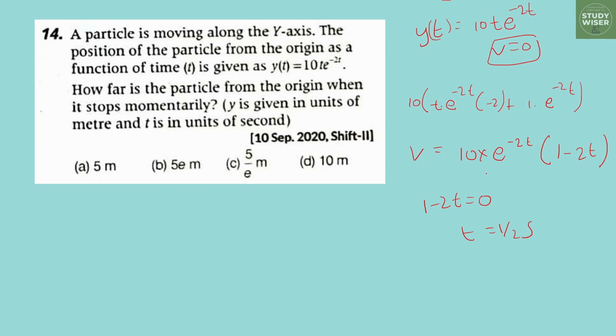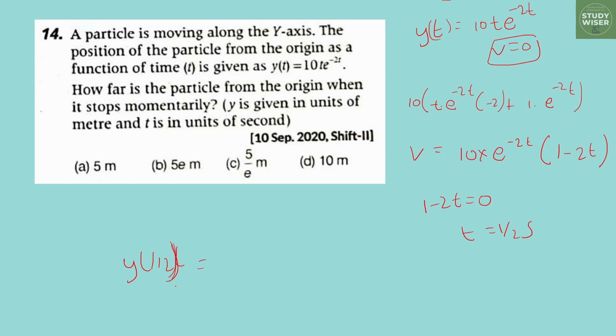From that equation if we take displacement of the particle from the origin is given as, question lo how far is the particle from the origin when it stops momentarily. How far అంటే displacement కావాలి, y of 1 by 2 కావాలి.